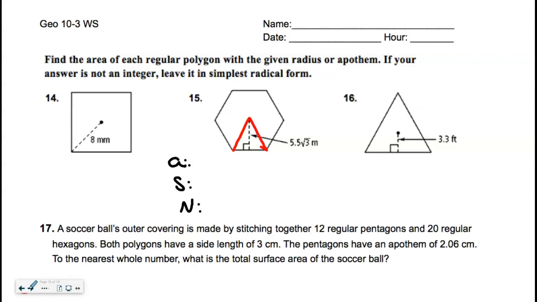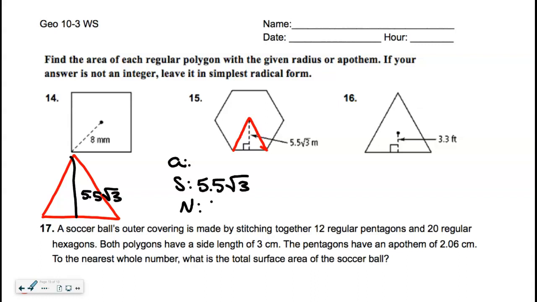They didn't give you a whole lot of room, but I'm going to pull that one out and just work with it. It looks like they dropped the apothem for me and labeled it 5.5 root 3. So they gave me a freebie here. And the number of side lengths, it's a hexagon again, so 6. Oops, I put it in the wrong spot. It's the apothem. 5.5 times the square root of 3.